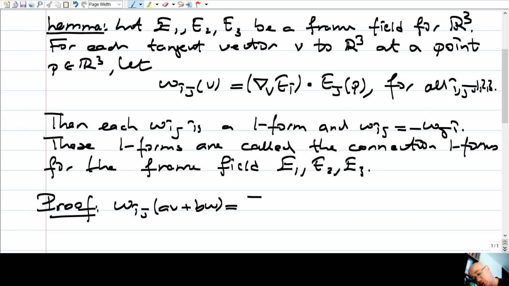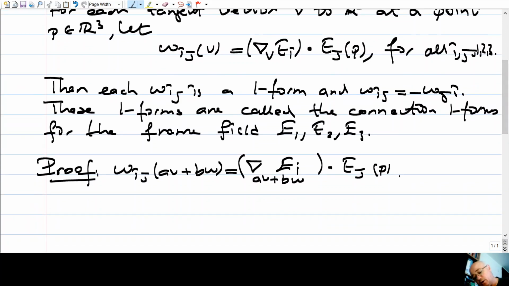Well, by definition, this is just the covariant derivative along the vector aV plus bW of the field Ei, and then we take the dot product of this with Ej, and all these things happen at the point P, of course, and here V and W are tangent vectors to R3 at the point P.